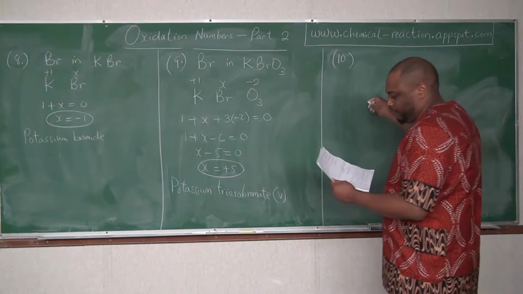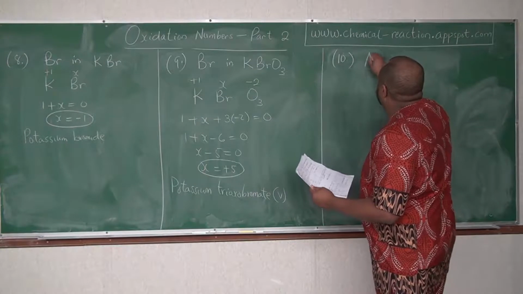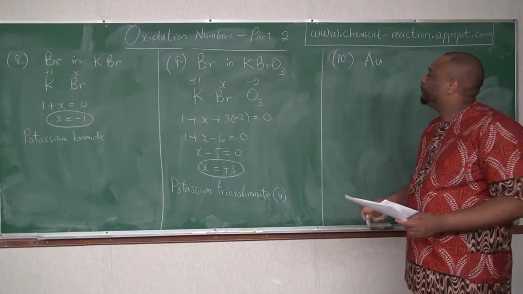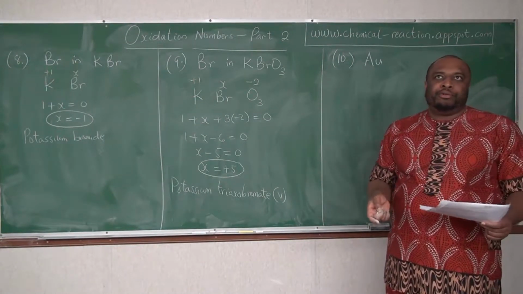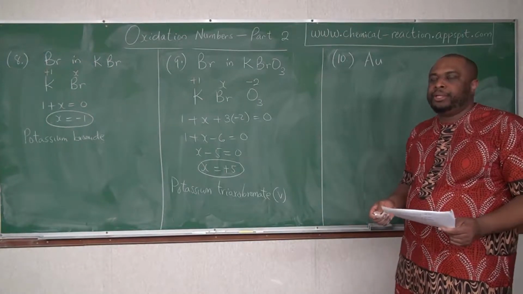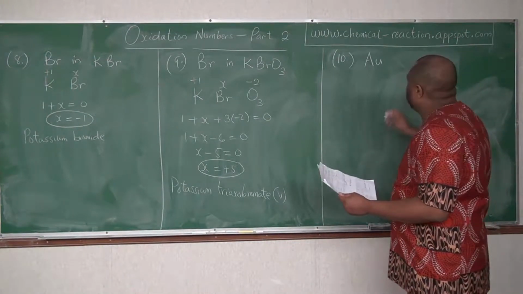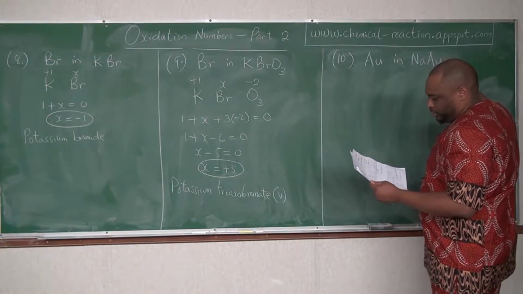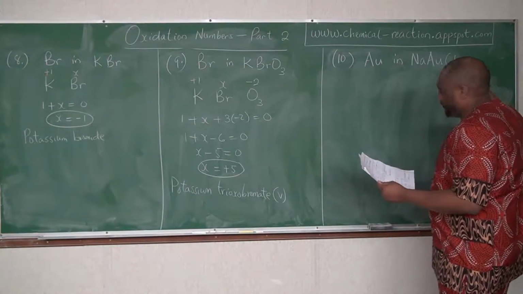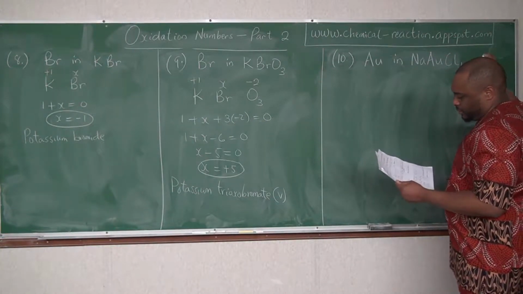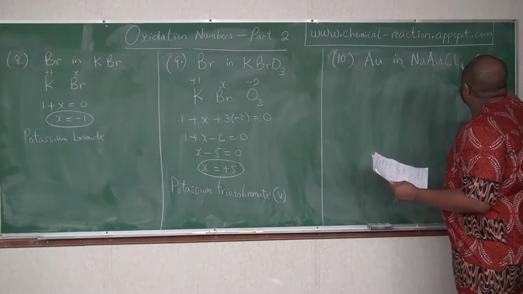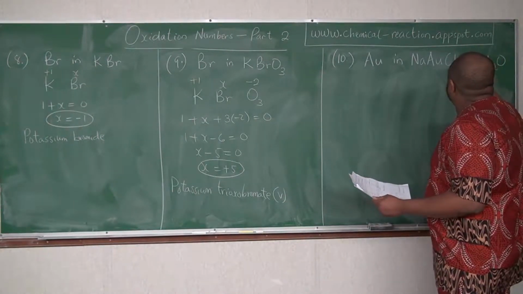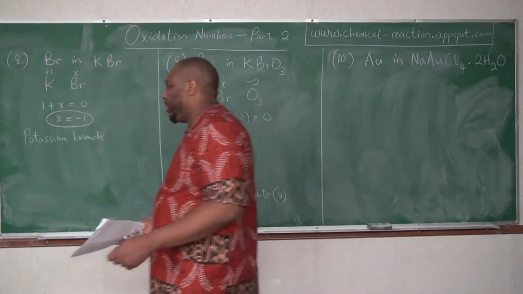Question 10, we have gold, aureum. Gold is aureum, from the Latin name. Gold in sodium, gold, chlorine. This is a hydrate. You know what I mean by hydrate?